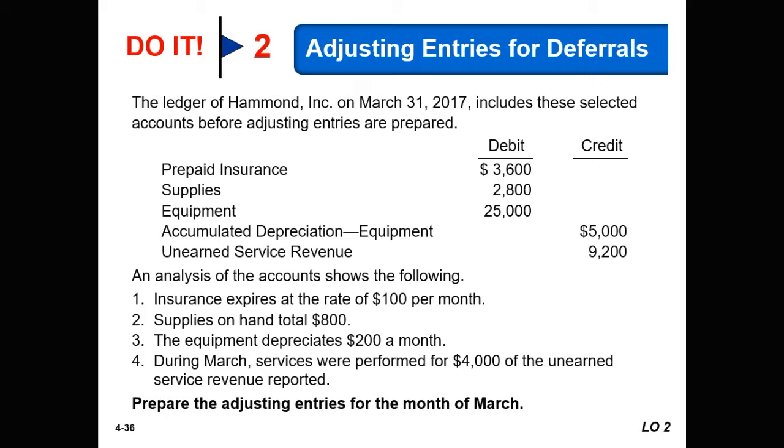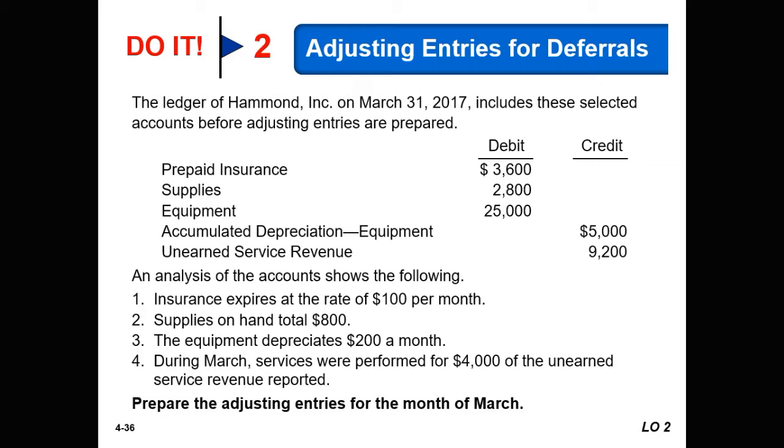After engaging in the analysis, we go back to the insurance policy. We look at what period it covers, how much it costs, what the expiration rate amount is, and we figure out that insurance is expiring at a rate of $100 per month. We did a count of the supplies to see what's really there, and there's really only $800.